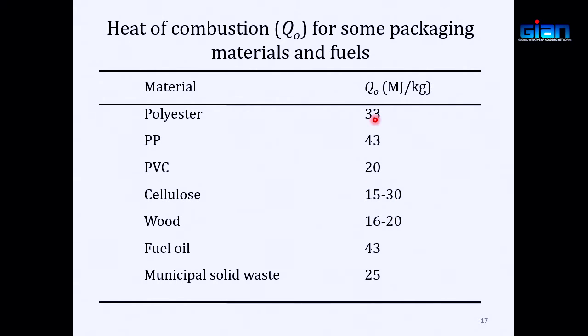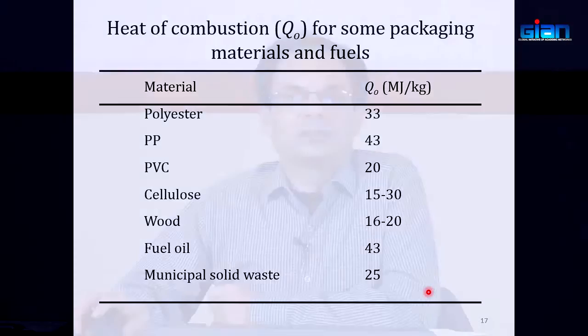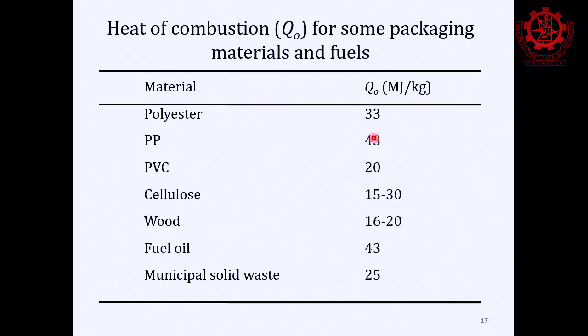So polyester has 33 megajoules per kilogram, PP 43, and so on. So which material can give you the most heat? Polypropylene is 43. So polypropylene burning is as good as burning oil, right?